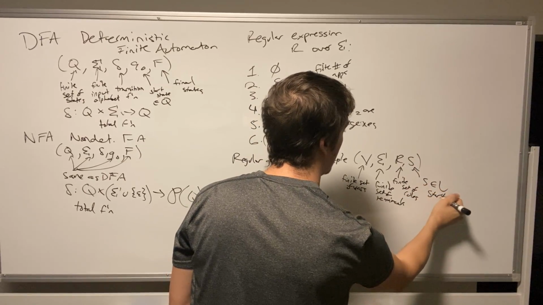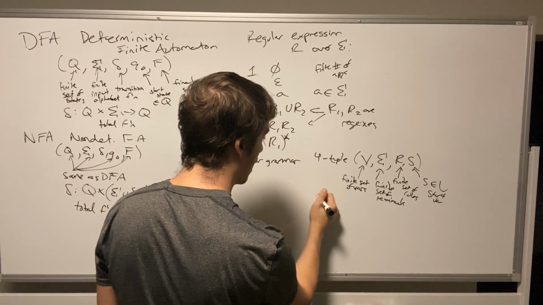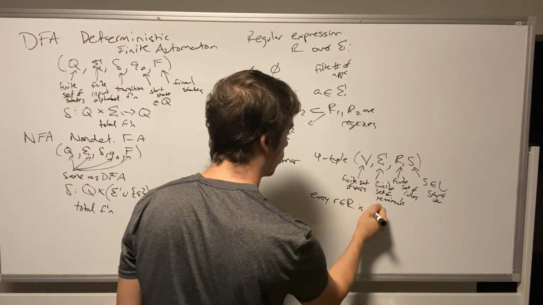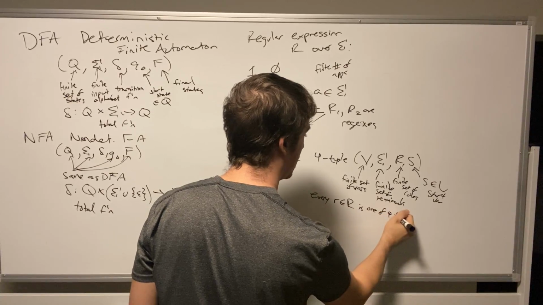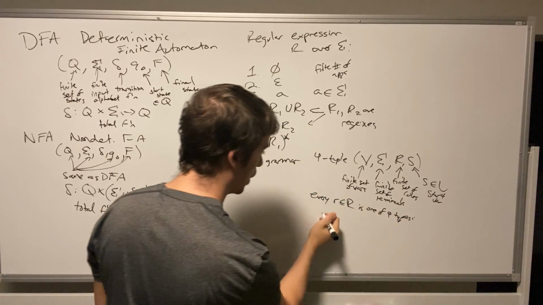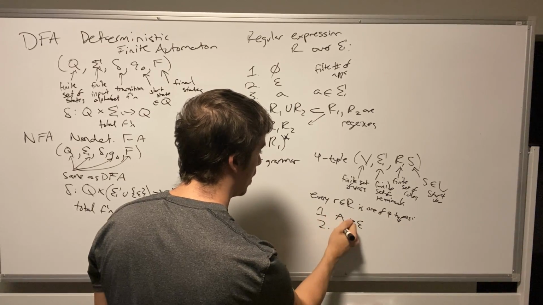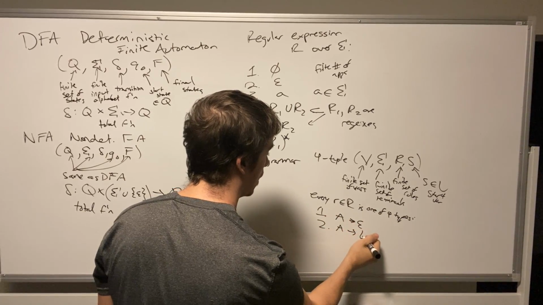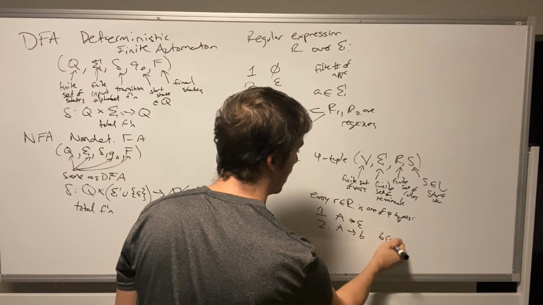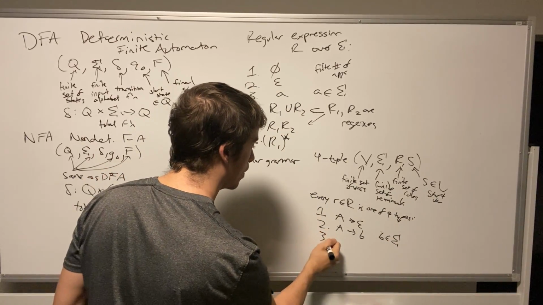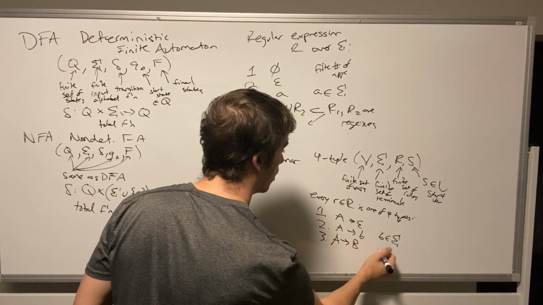That's the start variable. And every rule in R is one of 4 types. It must be a variable goes to epsilon, a variable goes to a single character, where that is something in the terminal set, a variable goes to another variable.